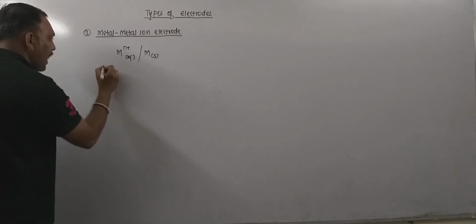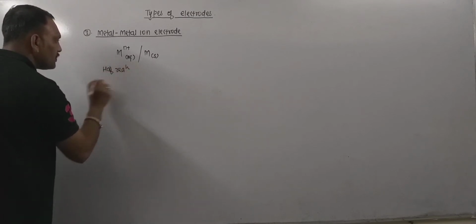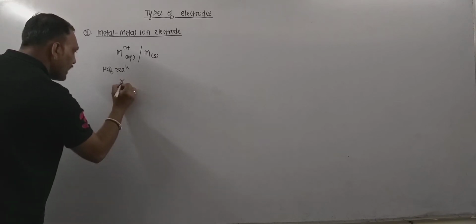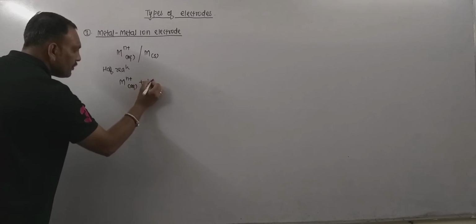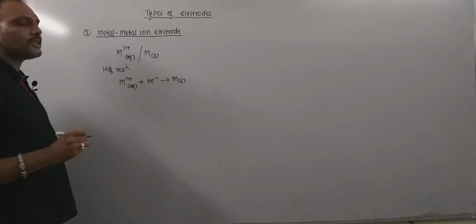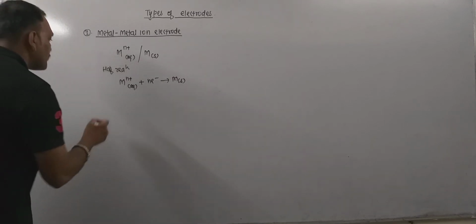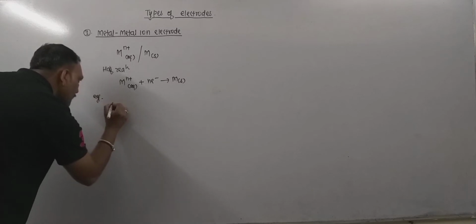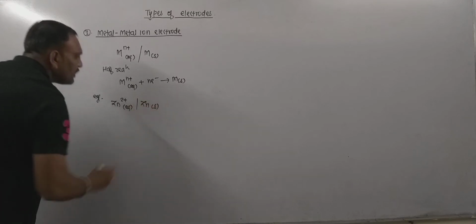So, the half reaction for such types of electrodes can be given as Mn+ aqueous plus n electrons gives M. This is the reduction half reaction. Now, a number of examples of this type can be given. A very familiar example is the zinc electrode used in the Daniell cell.